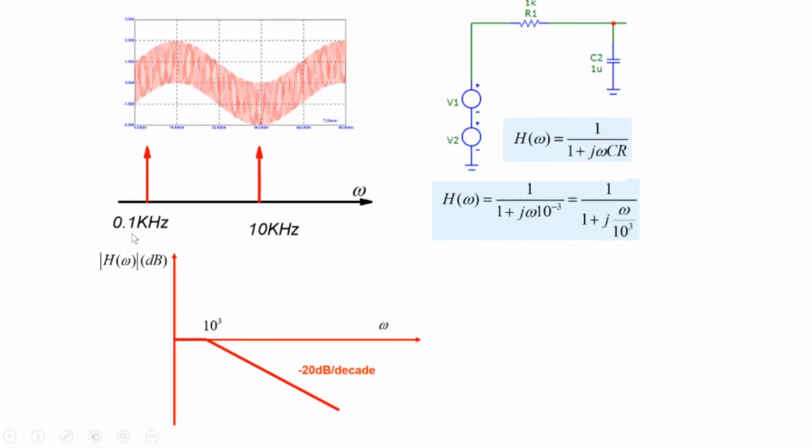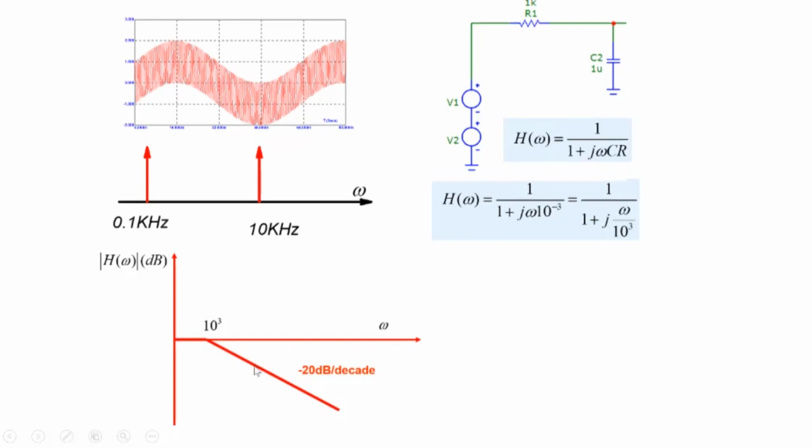If you pass it, the 0.1 kilohertz signal, the 100 hertz signal, is considerably smaller, more than a factor of 10 lower than the 3 dB point, omega 10 to the power 3. So the signal will pass through, right? If the amplitude of both signals is the same, the 0.1 kilohertz signal will pass through. If it's 1 volt, the output is 1 volt. For example, we've written 0 dBs here, so it will pass as 1 volt. On the other hand, the 10 kilohertz signal.